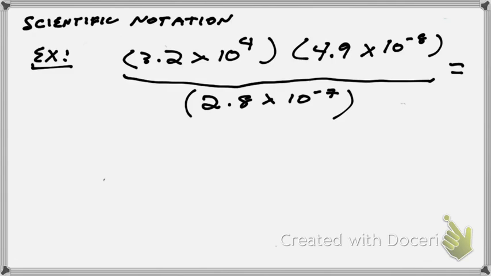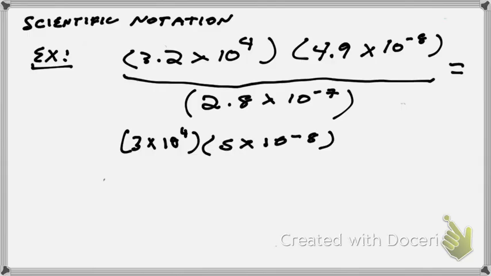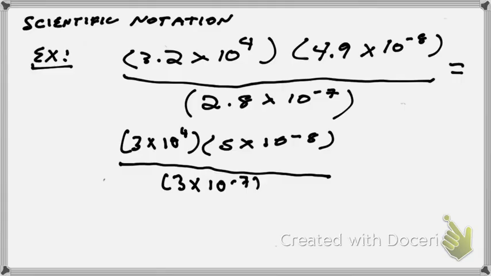If we round this, we can rearrange it to be 3 times 10 to the 4th times 5 times 10 to the negative 8. And we're going to divide all this by 3 times 10 to the negative 7th. Alright?